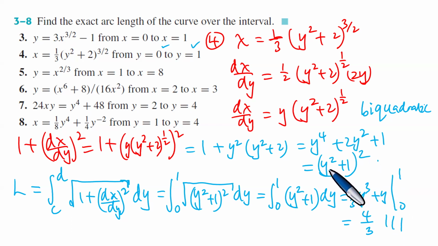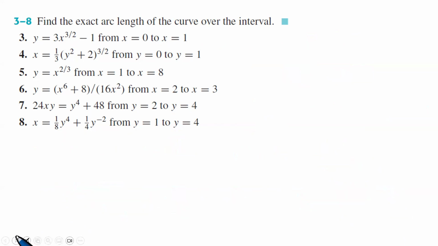Let us do number 5, and then we shall jump to the surfaces, and then we should do the touch also. Let's do number 5. Number 5 is y equals x to the power 2/3. But now this one, we're going to actually try to use formula 4, and then we can use formula 5 as well. Because now y is already the subject, so we can use formula 4.